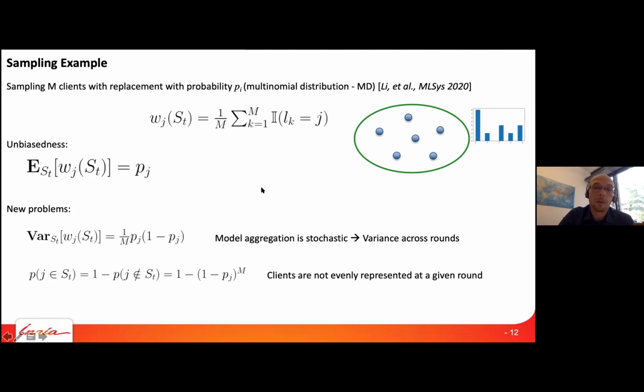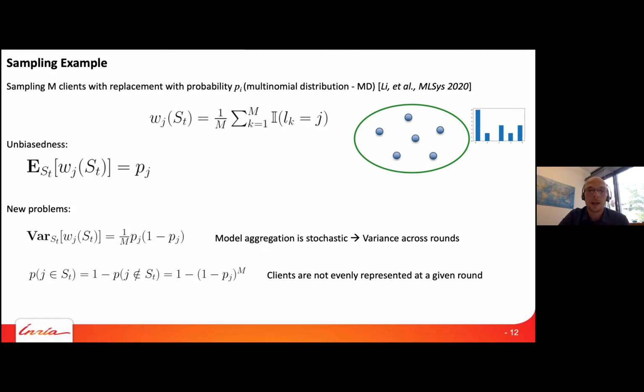And also we have a probability of a client to be selected, which is, well, in this case, with multinomial distribution takes this form. And again, it means that certain clients have more probability of being selected than others. But there's no way to control them for representativity in this case, because we are all based on this original P that we designed at the beginning.